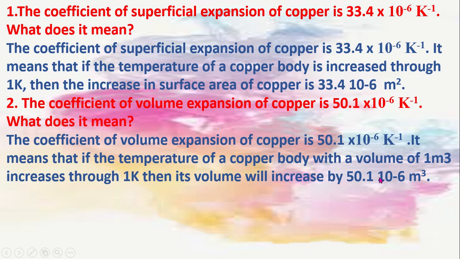Dear student, here will be a multiplication sign. Sorry for that mistake. 50.1 into 10 to the power minus 6 per cubic meter. And you will try to memorize this answer, because I have already told you it can come as your B number question, that is realization based question.